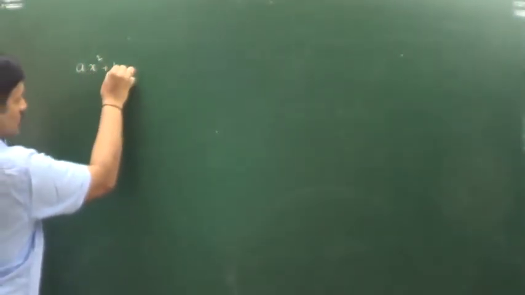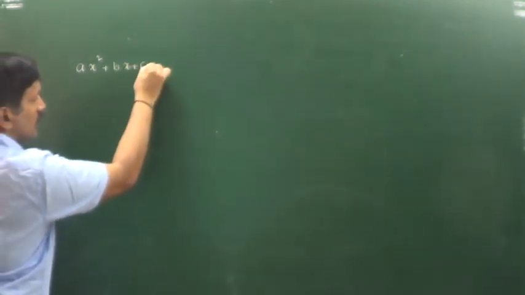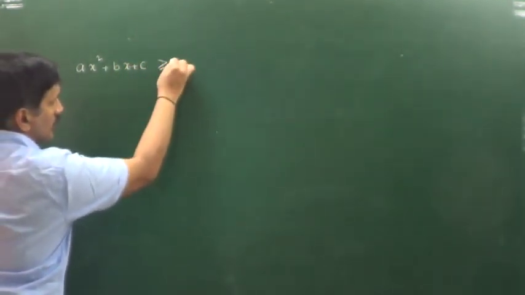This is the first one from quadratic. Ax square plus bx plus c always greater than or equal to 0.